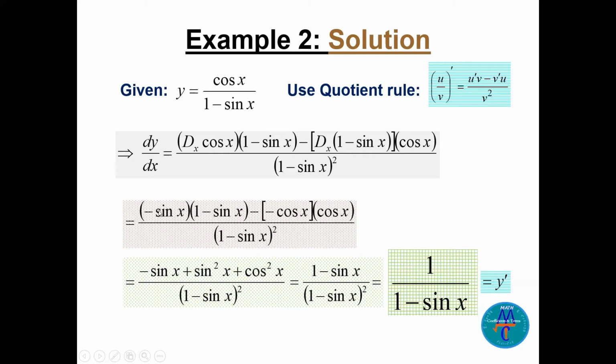Now multiply here: minus sine of x times 1 is minus sine of x, and this is plus sine squared of x. And minus with the minus becomes plus cosine squared of x. We know sine squared of x plus cosine squared of x is 1. So it will be 1 minus sine of x. Then we can cancel one of these factors. So the final answer y prime will be 1 over 1 minus sine of x.